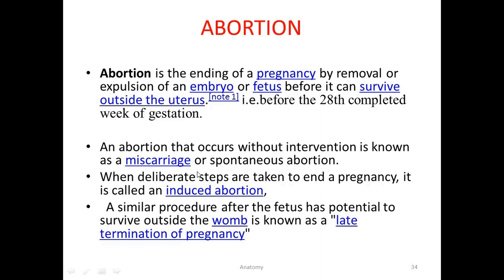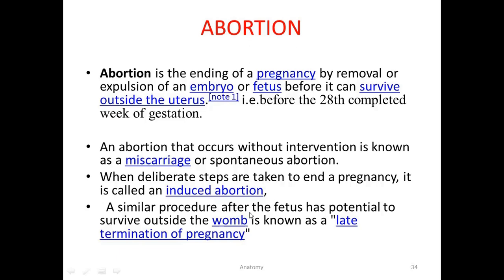Within a short time, that pregnancy gets terminated, and it is called spontaneous abortion. When deliberate steps are taken to end the pregnancy, it is called induced abortion. With a medical background, we can decide before the ideal time to plan the termination of pregnancy, and this is called induced abortion.